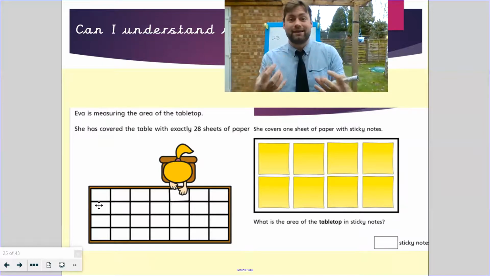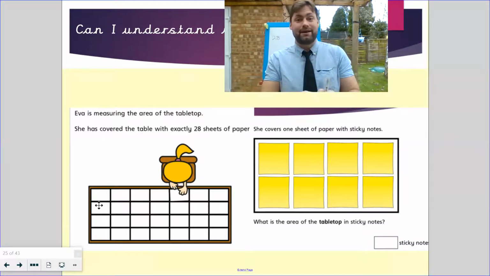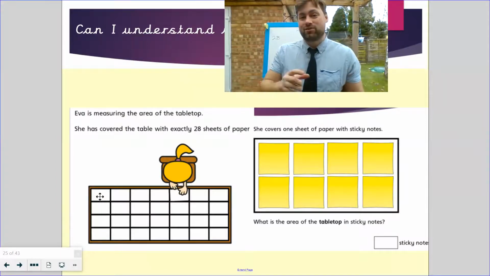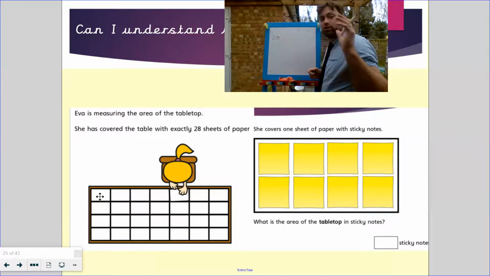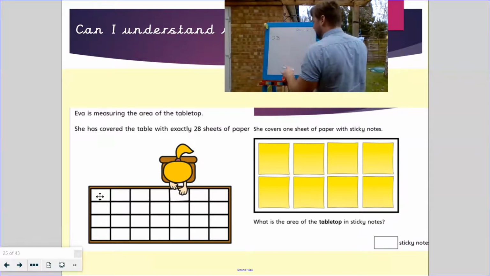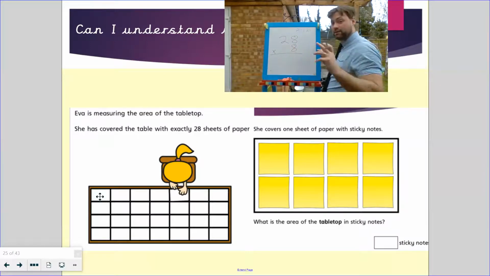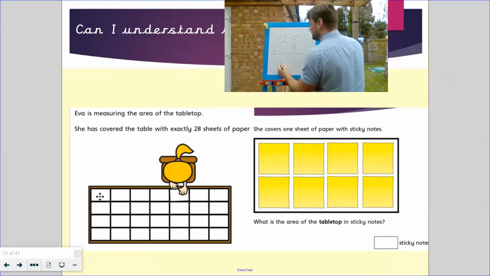And you're starting to visualize now how we kind of use squares to help out. So on this piece of paper, we have 8 squares, 8 sticky notes, and we've got 28 pieces of paper altogether. So we do 28 multiplied by 8. Did this last week, so this should help. 8 times 8 is 64.